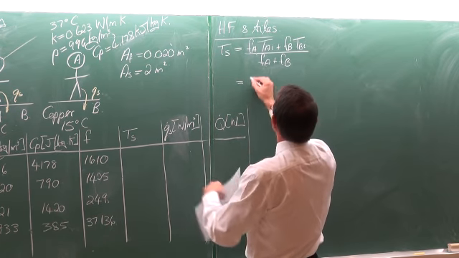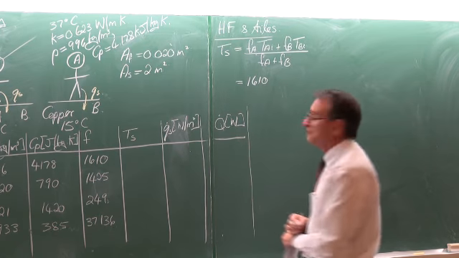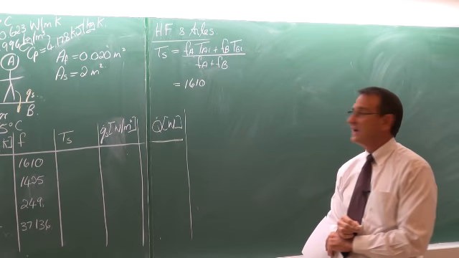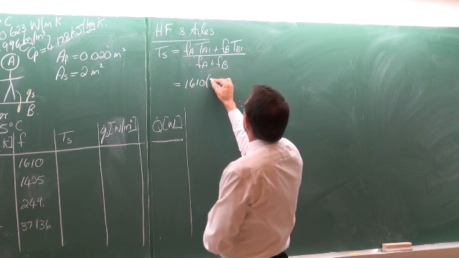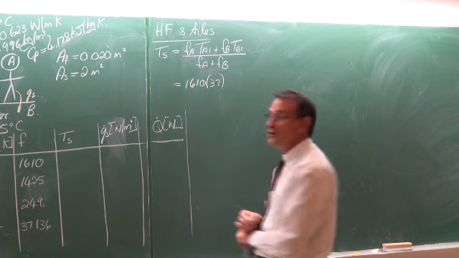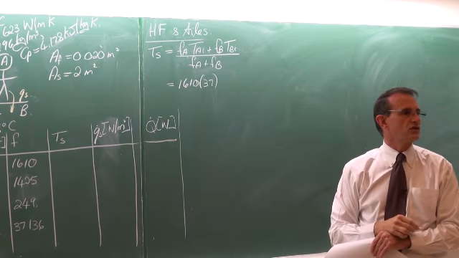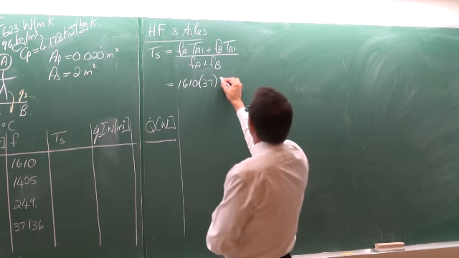Okay, so for the human flesh, F is equal to 1610. The initial temperature of the human flesh is 37 degrees Celsius.